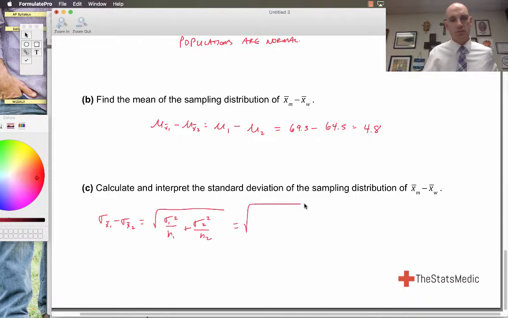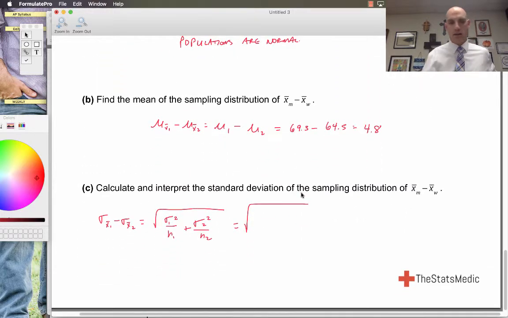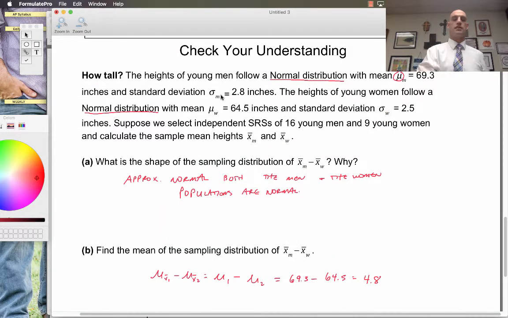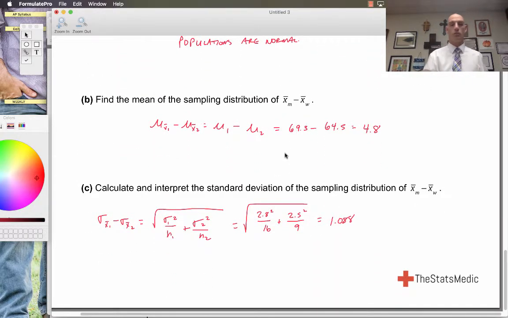It's really convenient to have them outlined in this problem. We could have lists of information and we just have to outline what's going on. So 2.8 squared over 16 plus 2.5 squared over 9 equals 1.088. Those numbers came from the standard deviation for the men and the standard deviation for the women. Young men, there's 16 of them, and there's 9 women, so we get the standard deviation of 1.088.